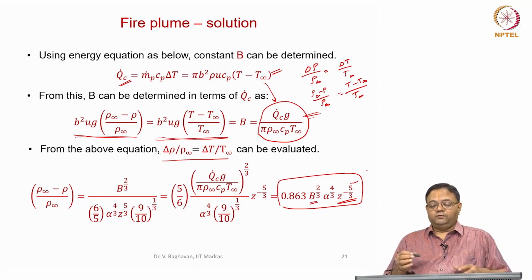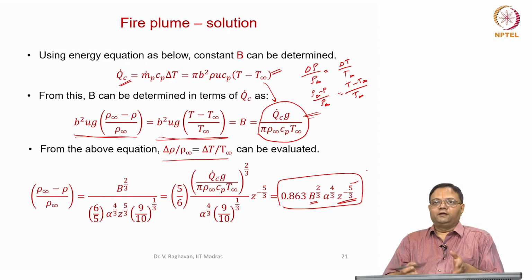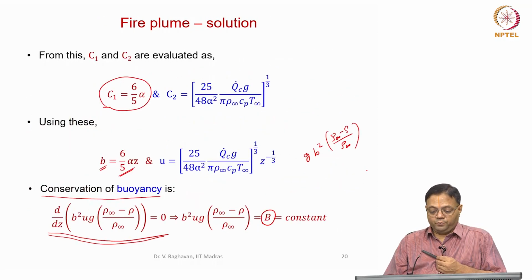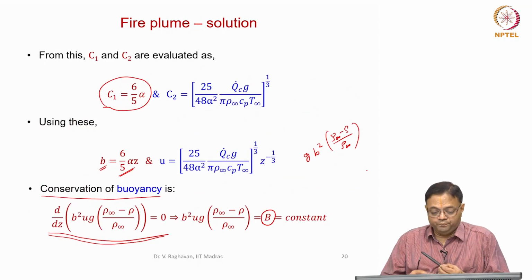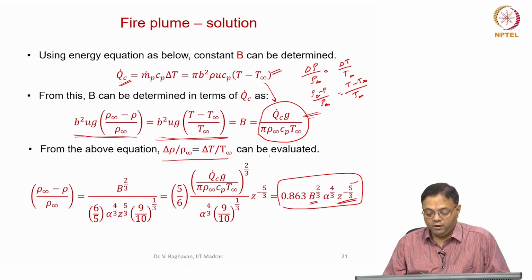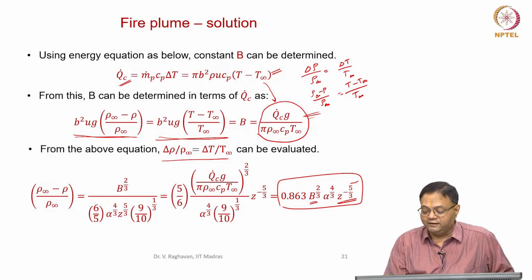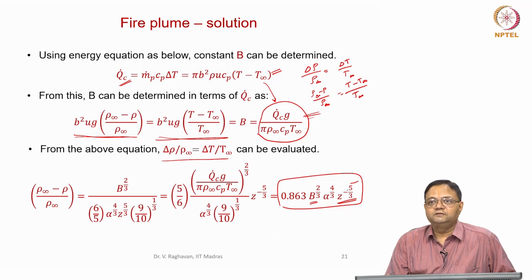So this is called the plume solution. So now we have found how the radius varies with z, that is, linearly it increases. u decreases with z because it has a z power minus 1 by 3 term here, and similarly delta T by T infinity decreases when z increases.